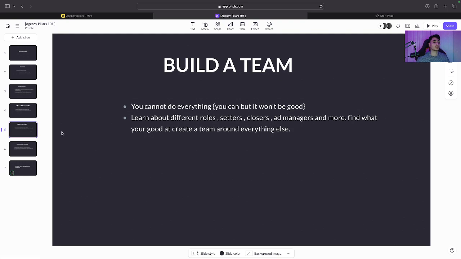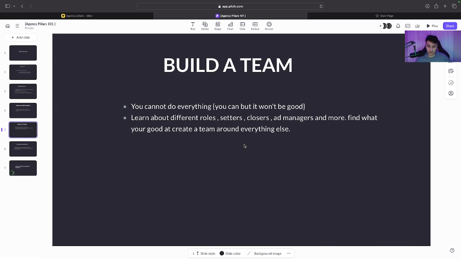The next pillar I'm going to go into is building a team. I learned this the hard way. You cannot do everything by yourself. Technically you can, but it won't be good. The moment you get off the ground with your agency, as soon as you can, find your friends or people you know. First of all, you need to learn the different roles in an agency.